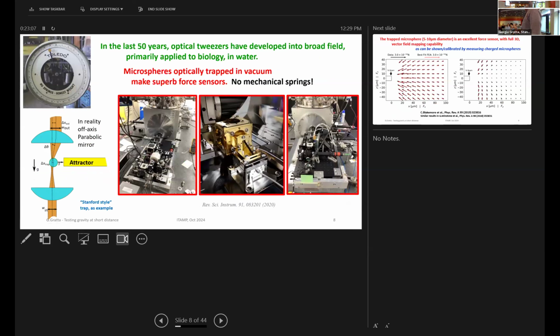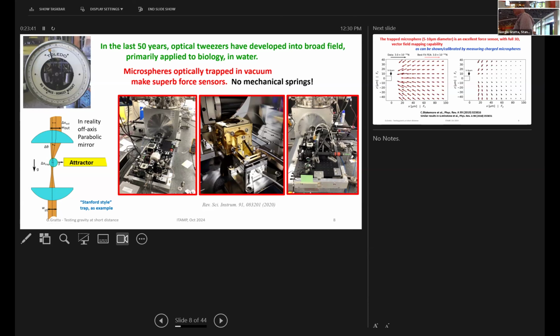In addition, the idea is to put a microsphere, a dielectric microsphere, a few microns in diameter, in an optical tweezer system in vacuum, which is shown here. So now it is confined only by the light field. The spring constant is provided by the optics, and the readout is provided by the optics, so it's entirely optomechanical.